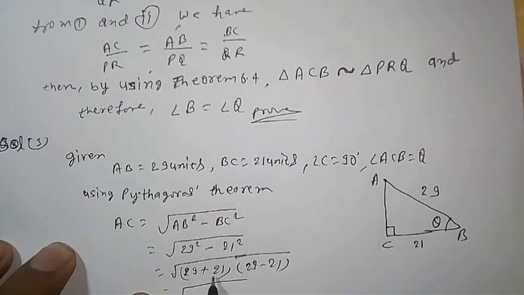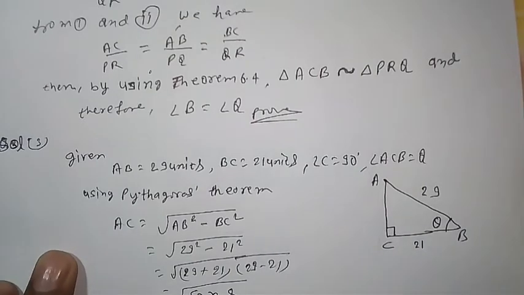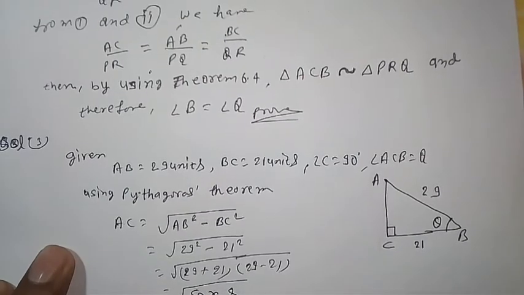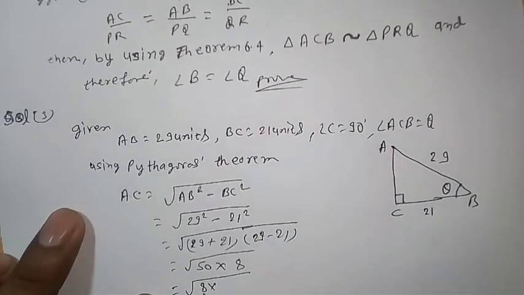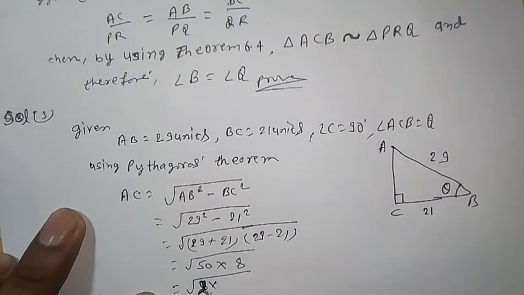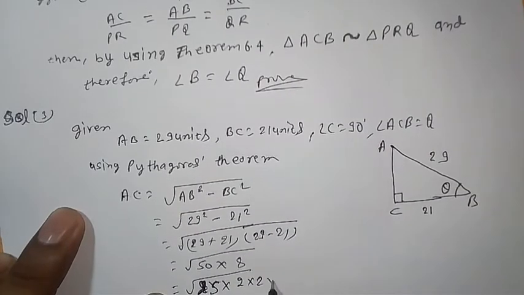So I get 50 into 8, which is 25 into 2 into 2 into 4.